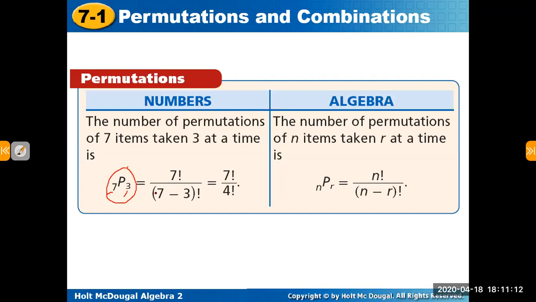So 7P3 equals 7 factorial divided by 7 minus 3 factorial, which is 7 factorial divided by 4 factorial. The general formula would be nPr equals n factorial divided by n minus r factorial.